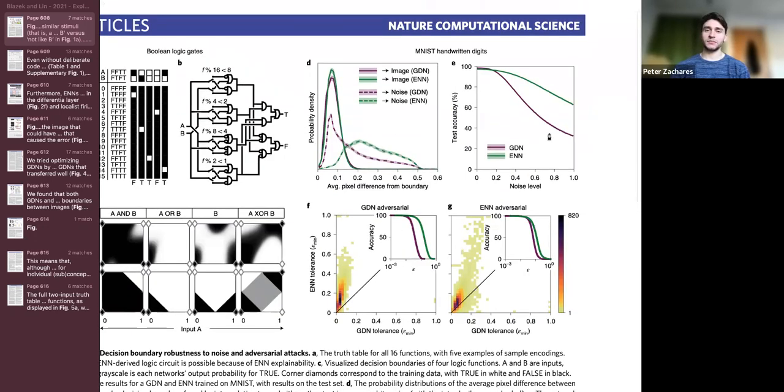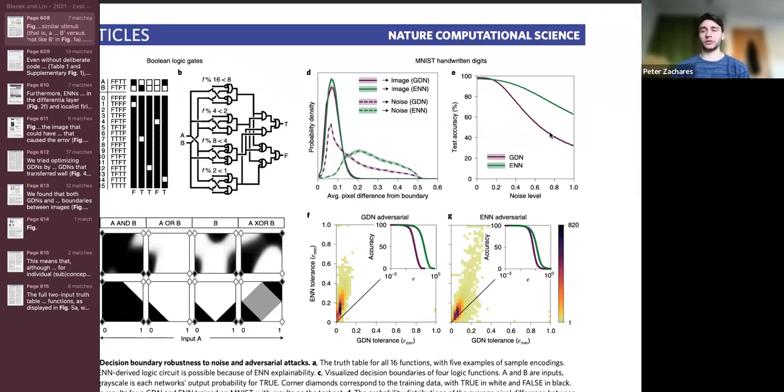Maybe it's trying to measure out of distribution generalization. The more noise you add, the less similar the digits are going to look from the training set. So it's trying to show that the ENN, the essence neural network, generalizes better, something along those lines. Or maybe it's just that it's more robust to noise.